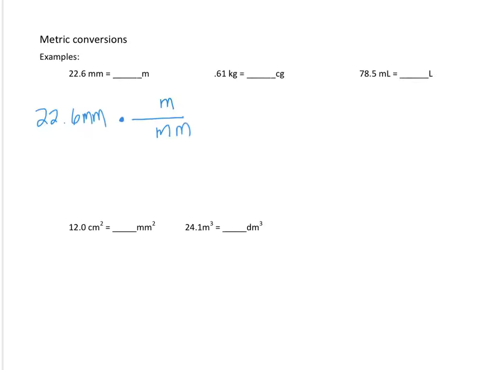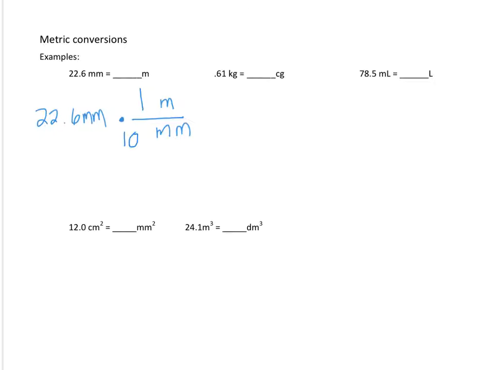Between meter and millimeter, which is the bigger unit? A meter is bigger. So next to the bigger unit, always put a 1. Next to the small unit, you're going to put 10 to some positive power. We don't know what that power is yet, but it's always going to be positive.